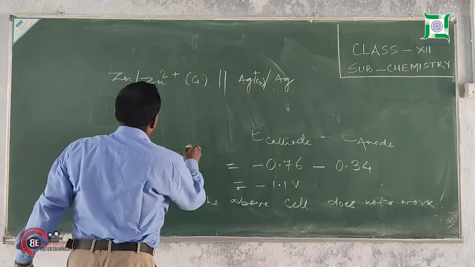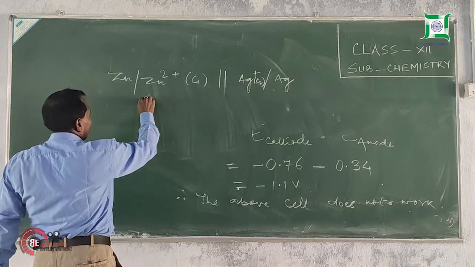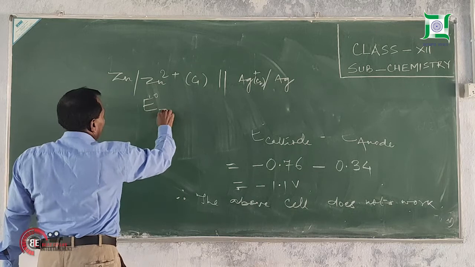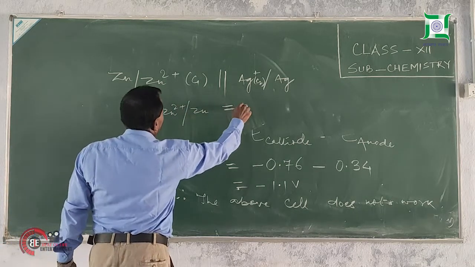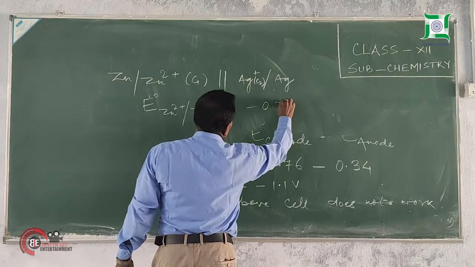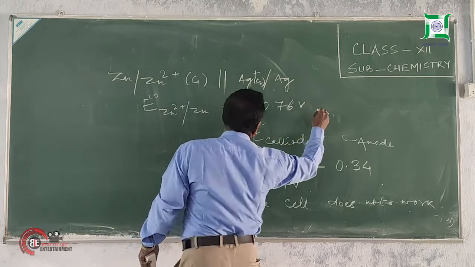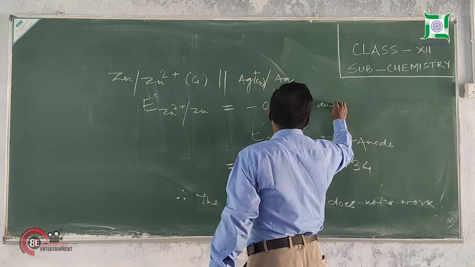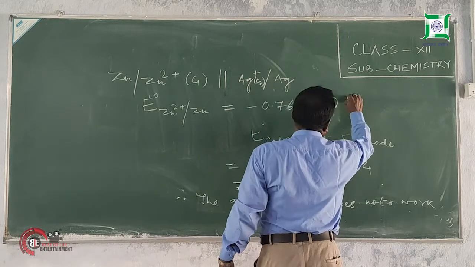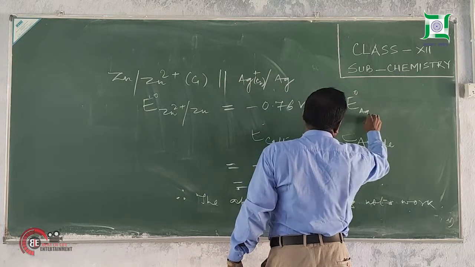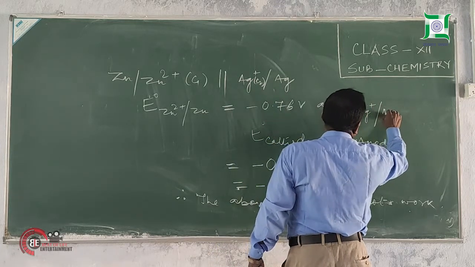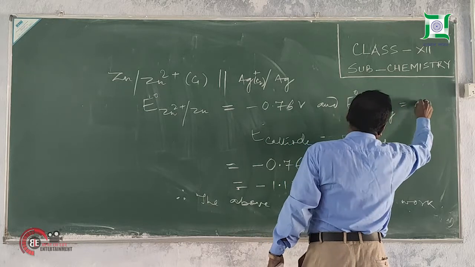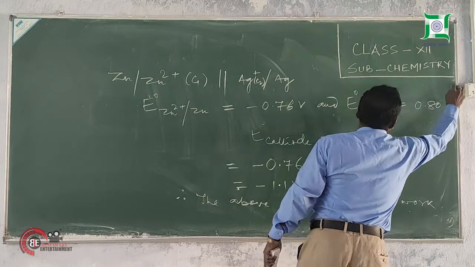For this cell we are given E0 Zn2+/Zn is equal to minus 0.76 volt and E0 Ag+/Ag is equal to 0.80 volt.